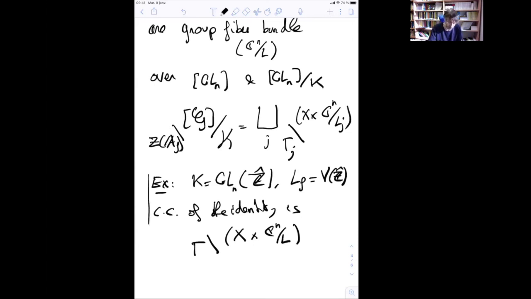Is there a notion of Chern classes for bundles over these adelic spaces? Yeah, because you can do it by restricting to each place, basically. This is a finite union of bundles of that type.